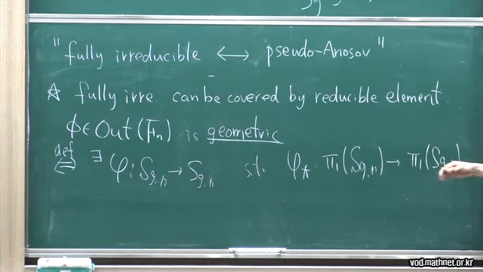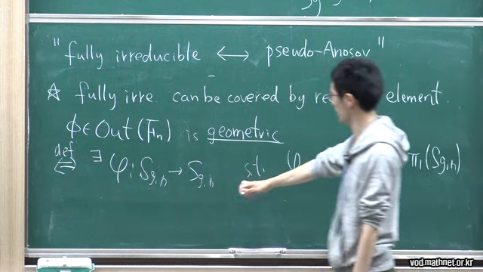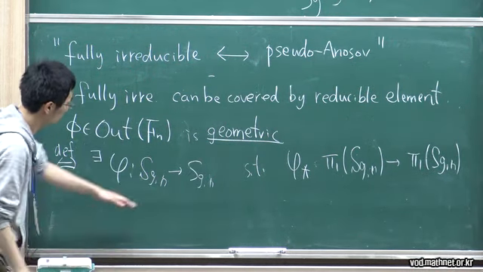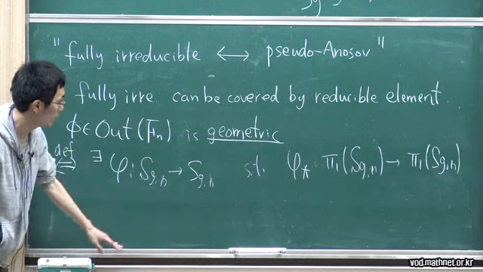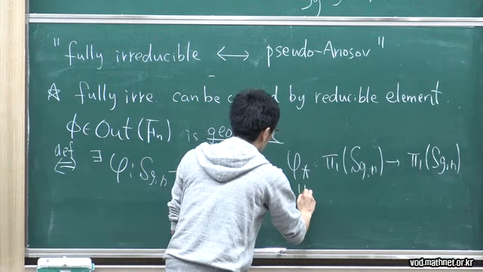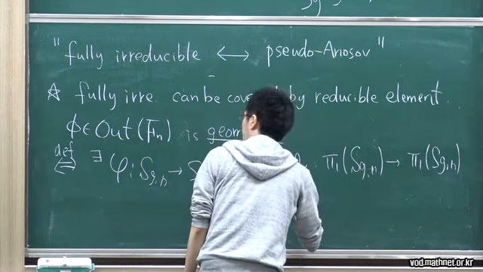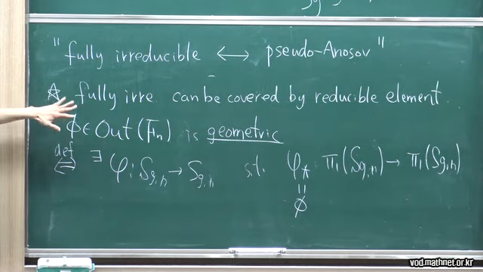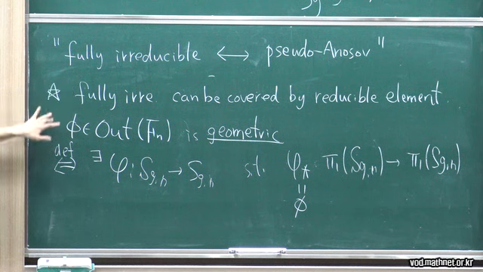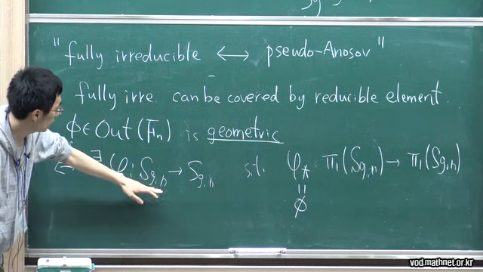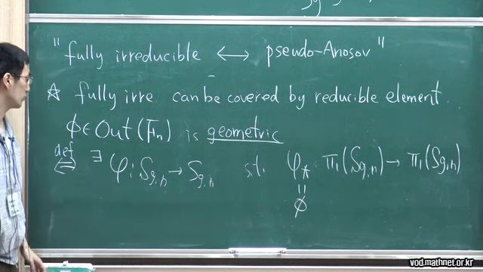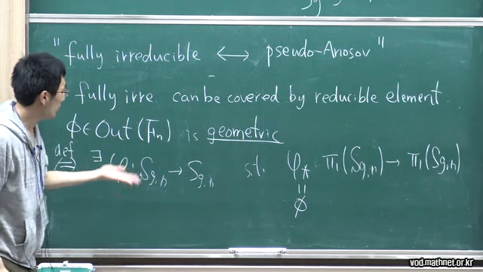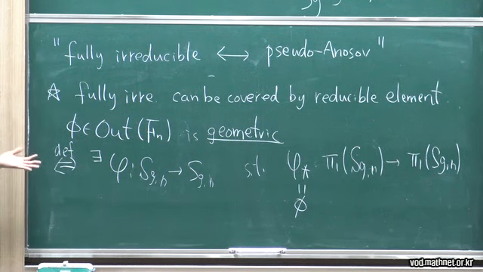If you want to get a free irreducible geometric one, then you need to have the number of punctures equal to 1. But if you take a covering, then the number of punctures can increase.